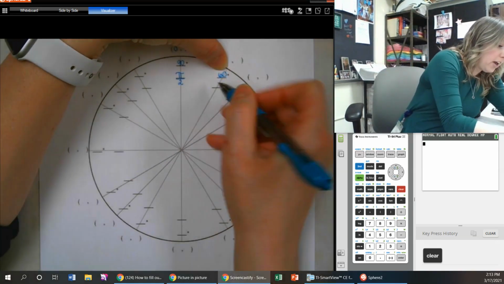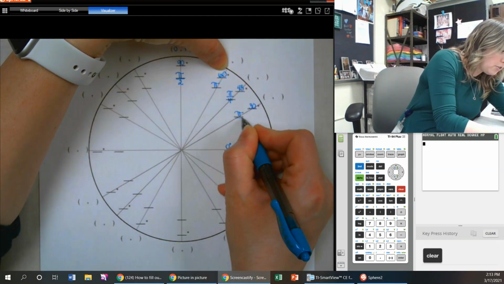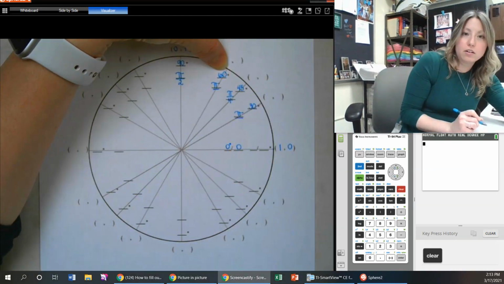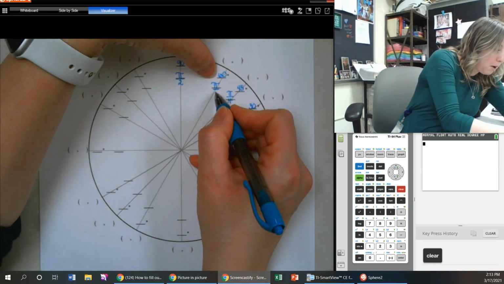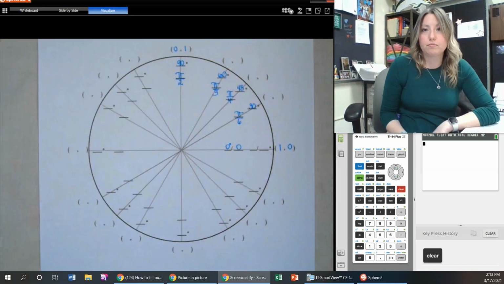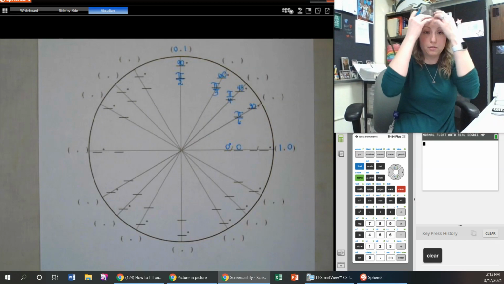These both have pi on the top, of course. Their denominators are opposite. So this is pi over 6, and this is pi over 3. Okay? That's how I remember those particular things.